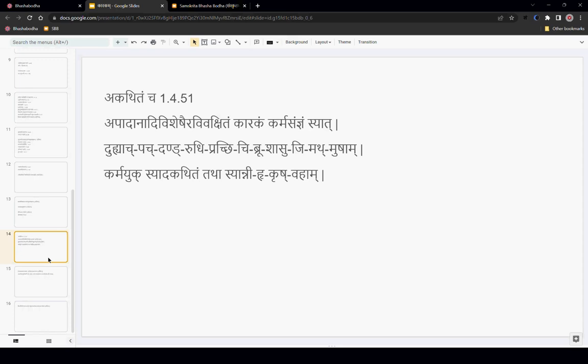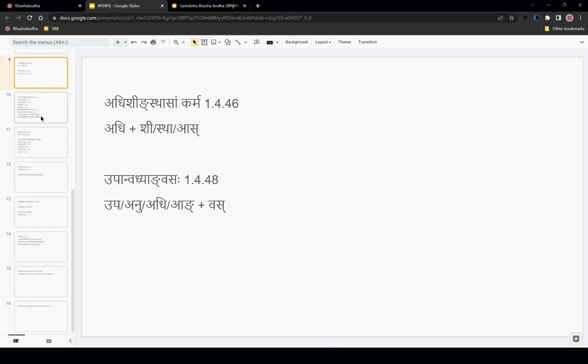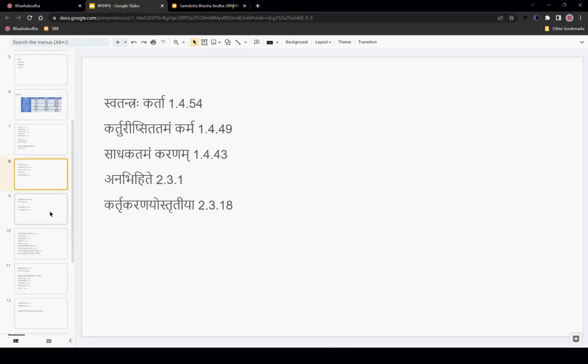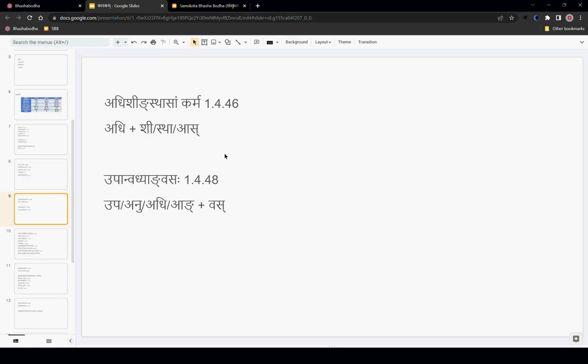What is the defining sutra for karmakaraka? What is the defining sutra? Kartru-ipsitatamam karma, that we saw. And in addition to that, we saw some other sutras like this: adhishingsthasam karma, upanvadhyang vasak karma, where that karmatvam, or karma sanjna, is imposed in certain cases.